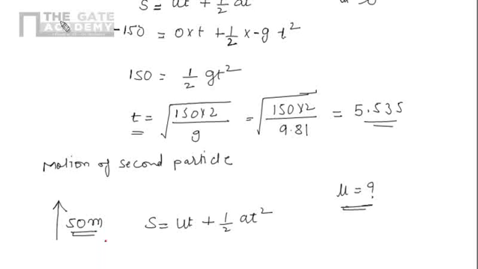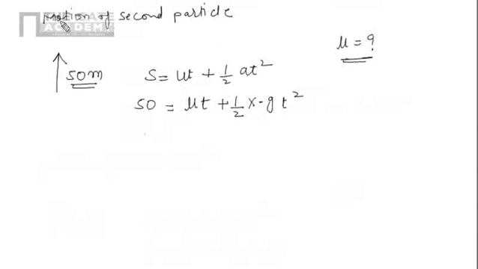As we know, s is 50 meter, it is upward, so positive. U we have to find out. T we know. Here the motion is again motion under gravity, so acceleration will be g and it is acting in downward direction, so minus g t square. So here we are having 50 equals ut minus 1 by 2 gt square.